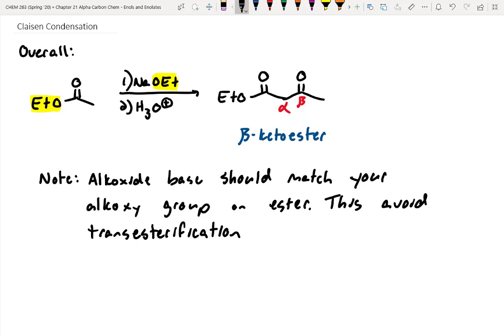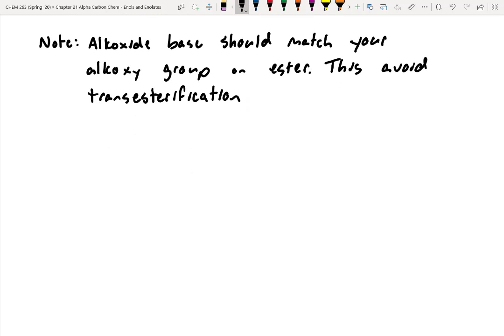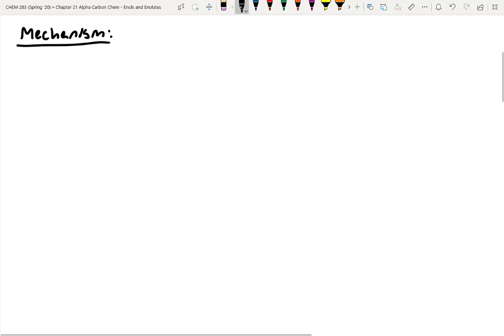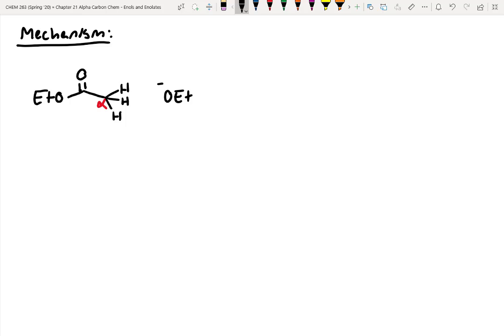All right, so let's take a look at the mechanism for this. It's fairly intuitive, especially if you understood the aldol condensation mechanism, but let's go through it piece by piece. First we have this ester, and it has alpha protons coming off of this position. So we've got 3 alpha protons, and we've got sodium ethoxide.